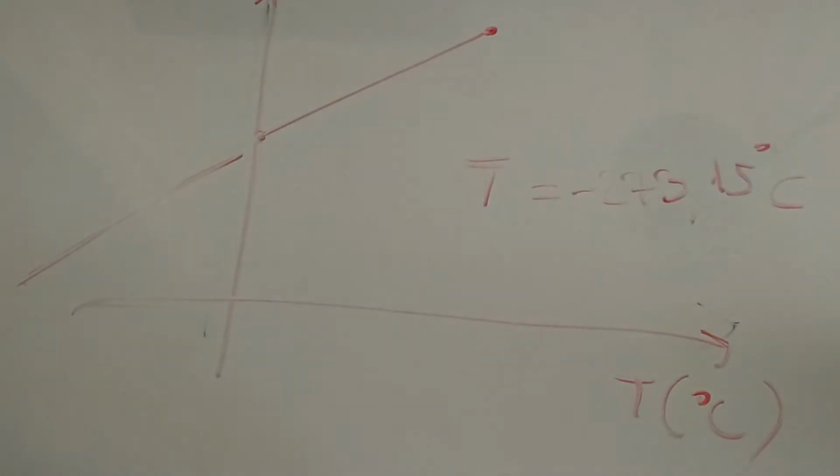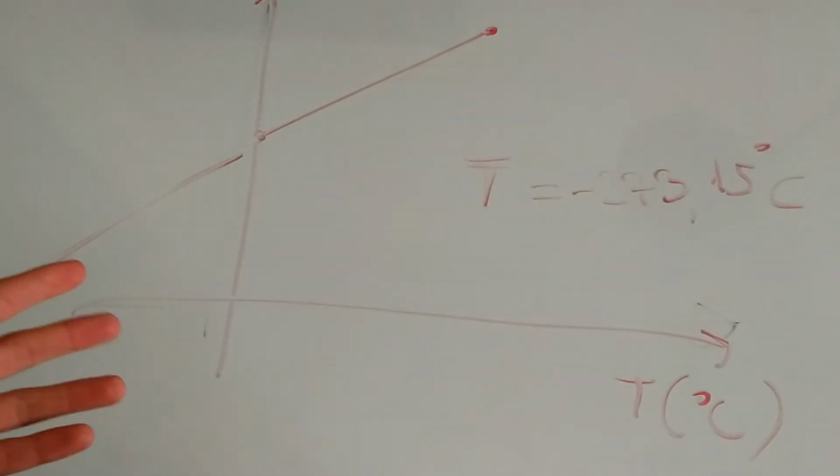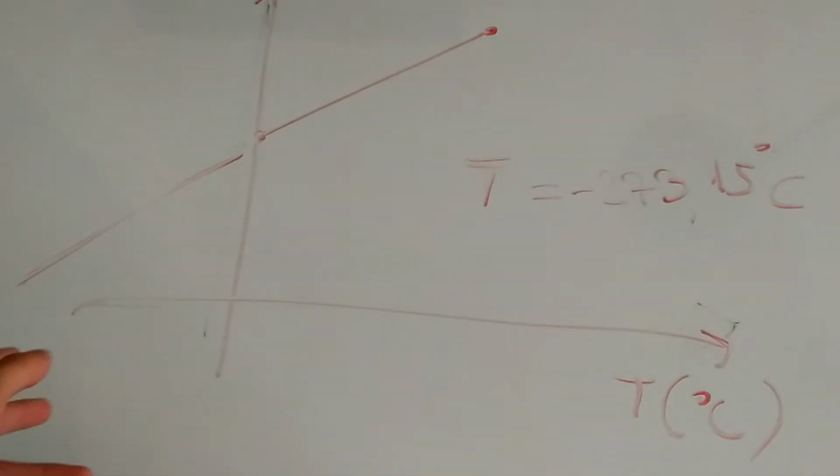It is called the absolute 0 point, since at this temperature the motion of molecules ceases completely, and if we had a lower temperature, the pressure would have negative values, which doesn't make any sense. So the absolute 0 point is the lowest temperature that any substance can have.